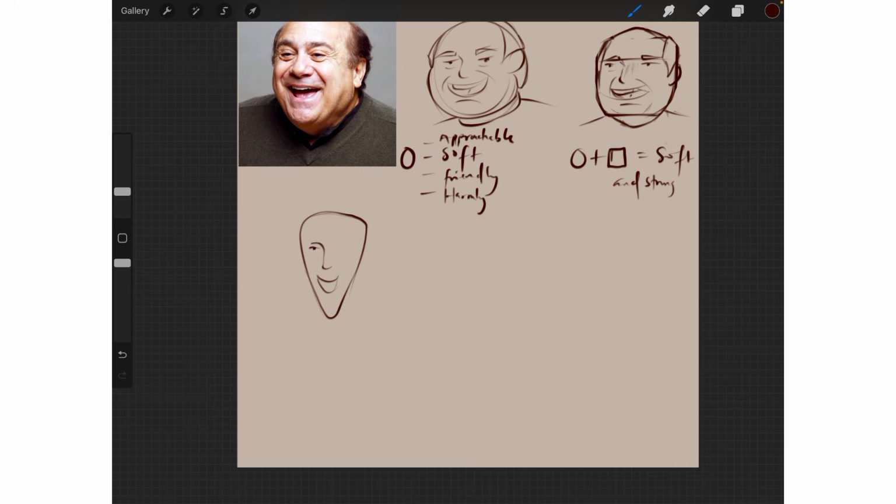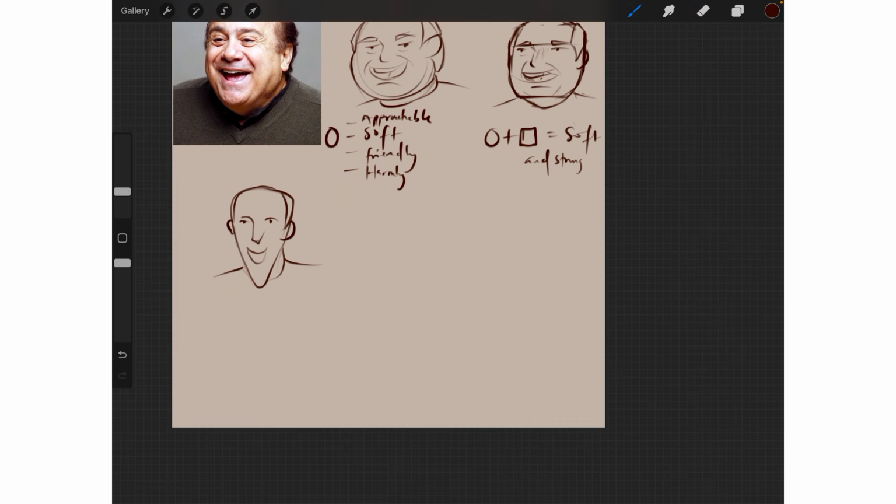The third character, we are going to be starting off with an oval shape or a variation of a circle, and then we start building it up, but then we can also combine it with a rectangle shape.